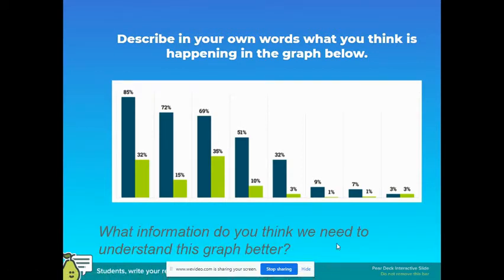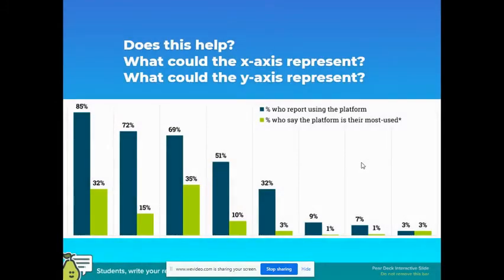Next, what information do you think we need to understand this graph better? What's something we need that would help us to understand this graph better? Does this help? What could the x-axis represent and what could the y-axis represent?